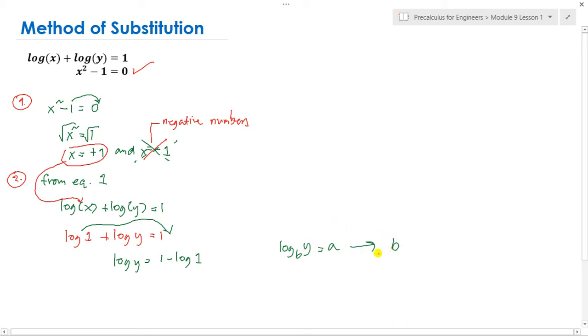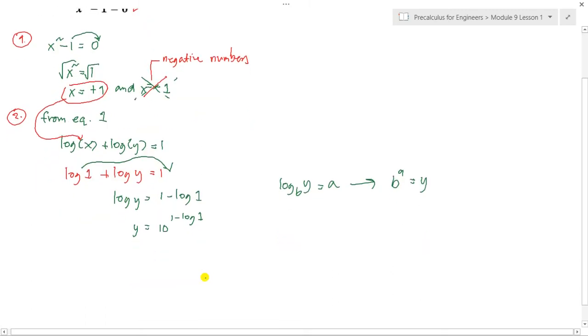The exponent is the answer of the logarithm, that is a. And then that would be equal to the number, that is y. Simple as that. We're going to apply this in our problem, so that would be y is equals to 10 raised to 1 minus log of 1.